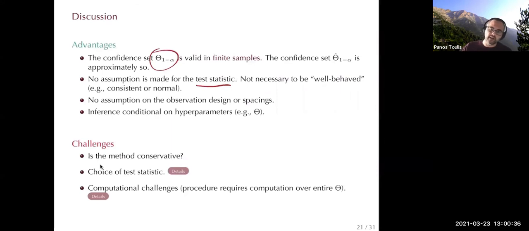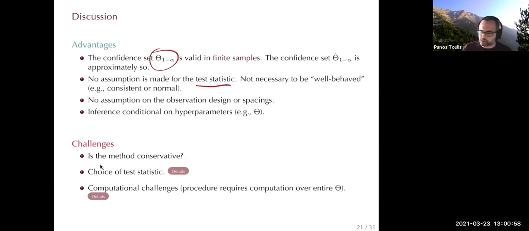And finally, the inference is conditional on those hyperparameters, like the discretization of my parameter space, the period space. Any irregularities that follow from this type of hyperparameters, we're going to condition on those. And in some sense, we control for those as well. So we don't have to rely on those hyperparameters, like a careful tuning of those.